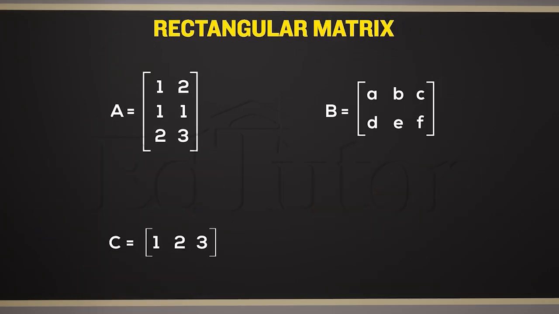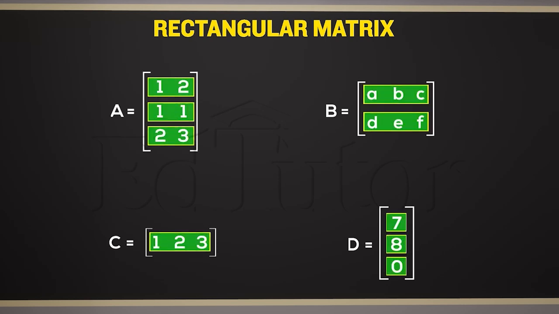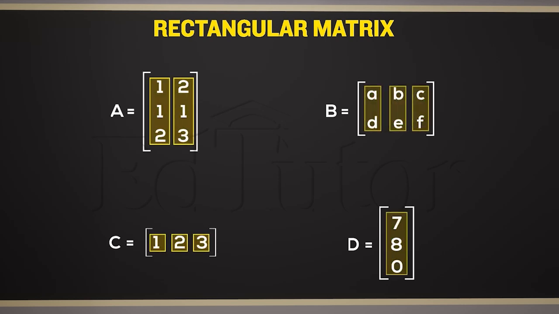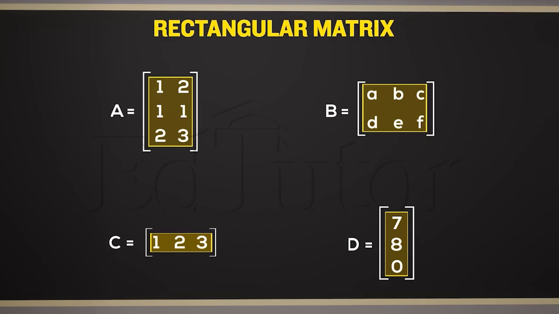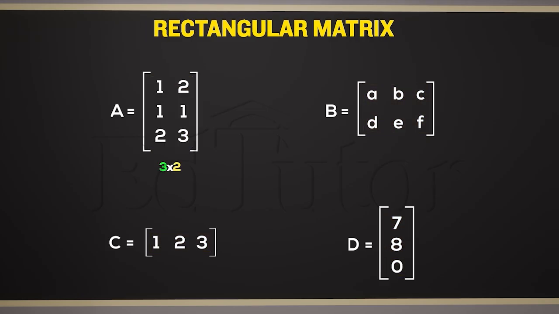Like in these matrices, the orders show that none of the matrices have an equal number of rows and columns, which makes them all rectangular matrices. The order of A is 3 by 2, the order of B is 2 by 3, the order of C is 1 by 3 and the order of D is 3 by 1.